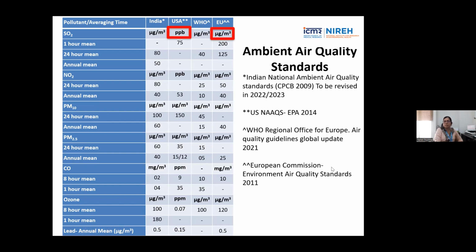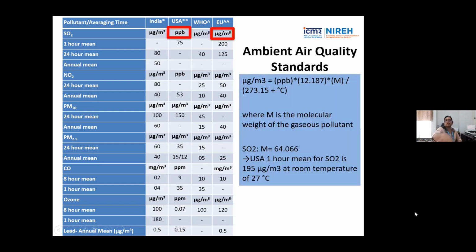In one we have parts per billion, ppb, whereas in the others we have micrograms per meter cube. So the values seem different, but this difference is due to the units. This gets confusing when we read through articles, so it is important to understand how these conversions work.